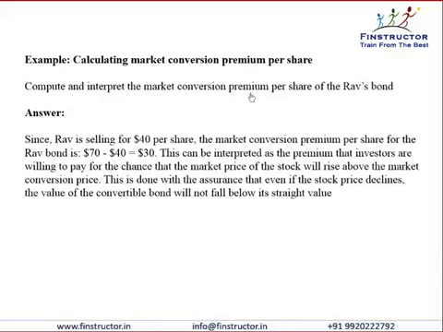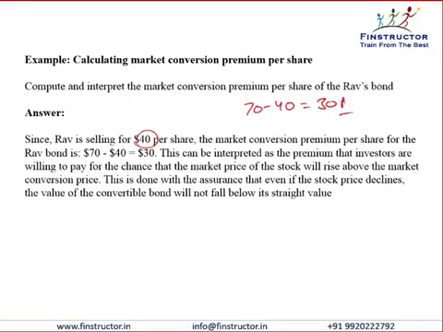Compute and interpret the market conversion premium of the RAV's bond. The equity is currently selling at $40 per share, as we saw. So the market conversion premium is 70 minus 40, that is equal to $30.